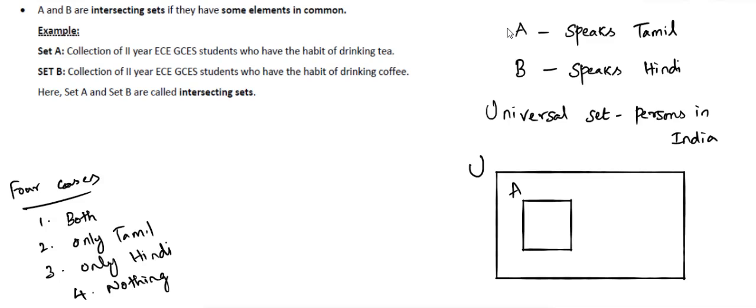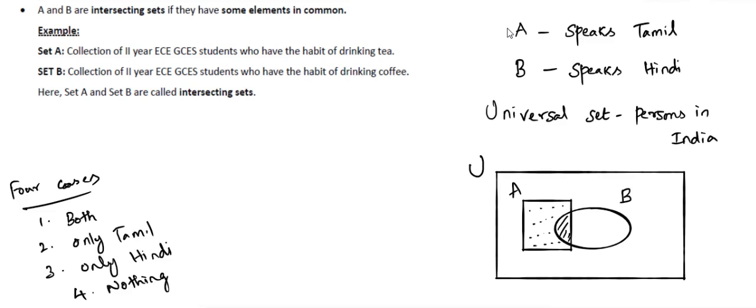Now here the situation is like this. I am marking this as B. See what this area represents. This area represents the persons who speak both Tamil as well as Hindi. This dotted area represents those who speak only Tamil.